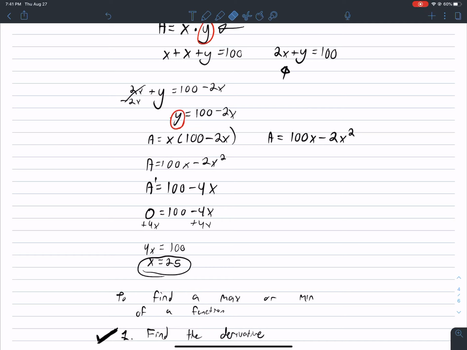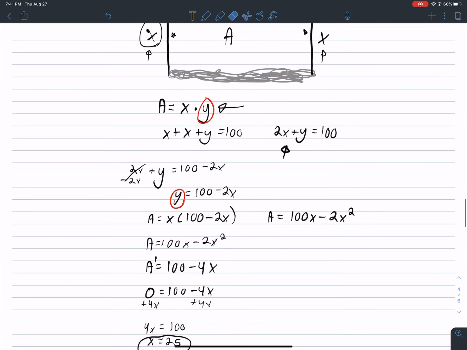To find the value of the area at x equals 25, we plug it into here. That's going to be x, but we don't have y. Oh wait, we do, because we made a function that doesn't need y. So now we just do 25 times (100 minus 2 times 25), or 100 times 25 minus 2 times 25 squared.